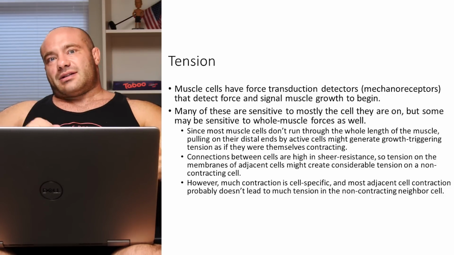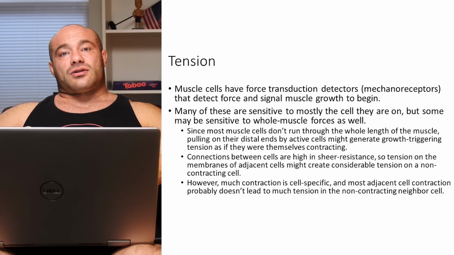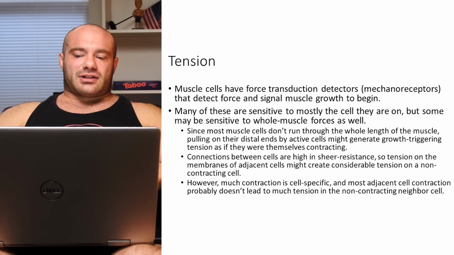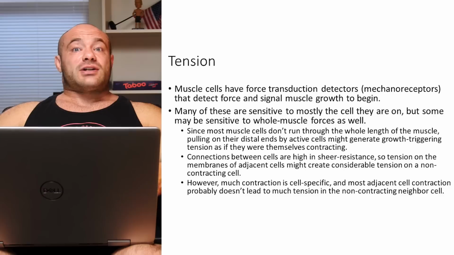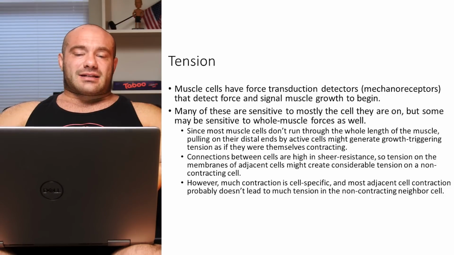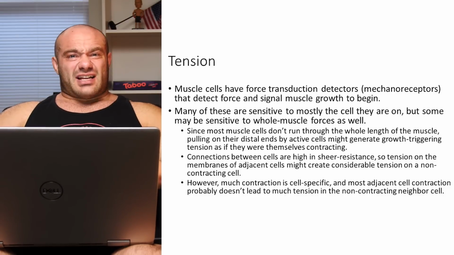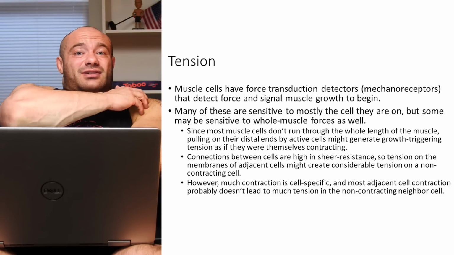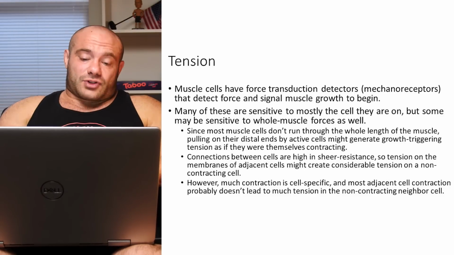So when a muscle contraction occurs and there's pulling on their distal ends, on every structure in the cell, then some of that pulling might actually generate growth-triggering tension as if the cell itself was contracting, right? Especially stretch has been shown to be hypertrophic, tension developed under stretch. And if those muscle cells are being stretched a lot, that is tension that is probably detected by the mechanoreceptors, and the cell doesn't have to be on for that to happen. So there is some of that.